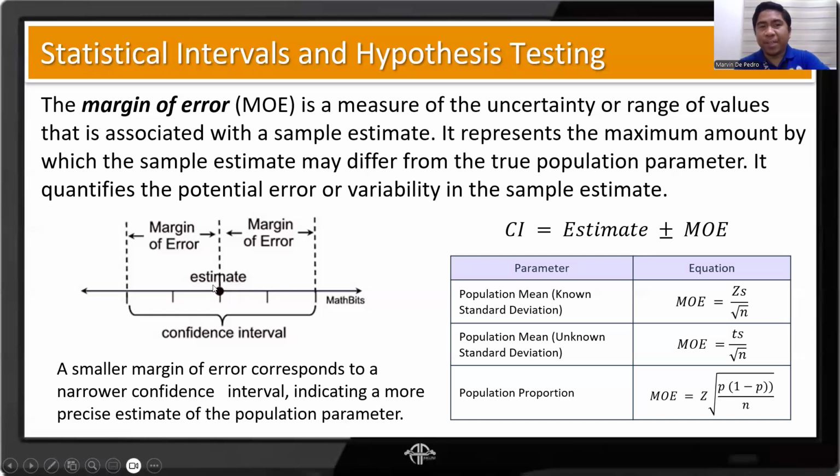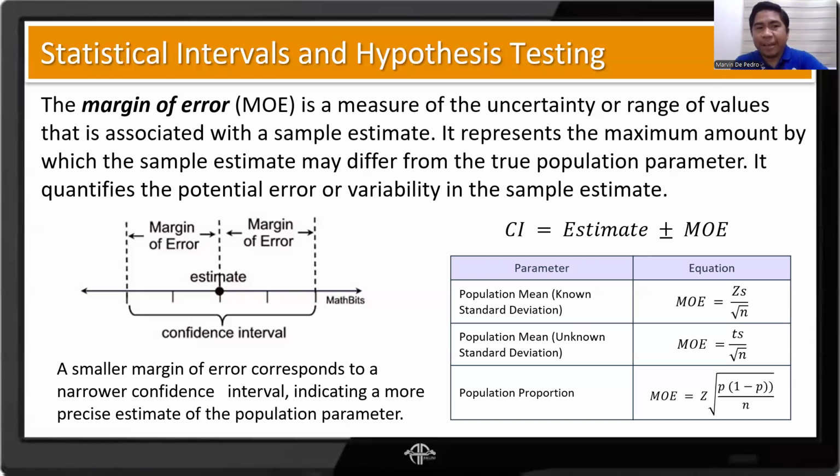Again, if the estimate is 75 and the MOE is 5, then the upper limit is 80. Our confidence interval is the difference between the upper limit and the lower limit. So if the lower limit is 70 and the upper limit is 80, the confidence interval is 80 minus 70, which is 10.